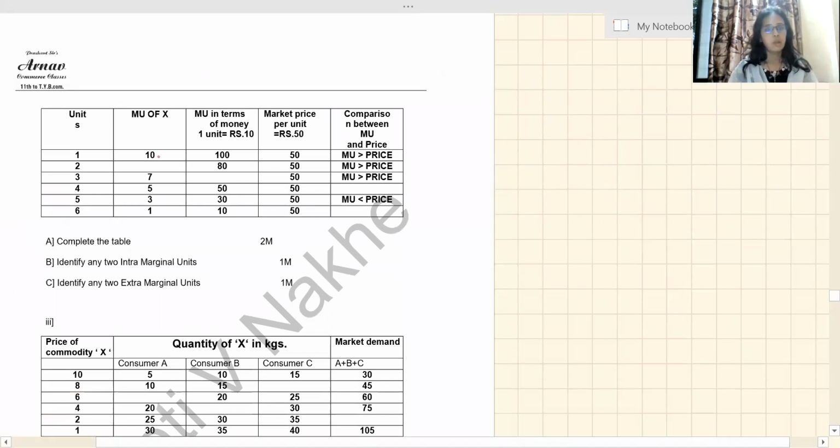Okay, let's see. We have to complete the table. Total 6 units are there. MU of X, marginal utility of X commodity, and they have assumed the market price per unit as 50. Okay, and they have assumed MU, because we convert MU in terms of money, per unit is 10.